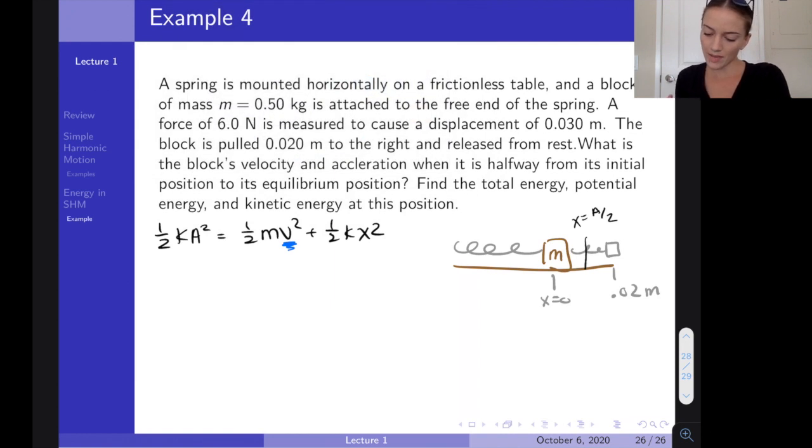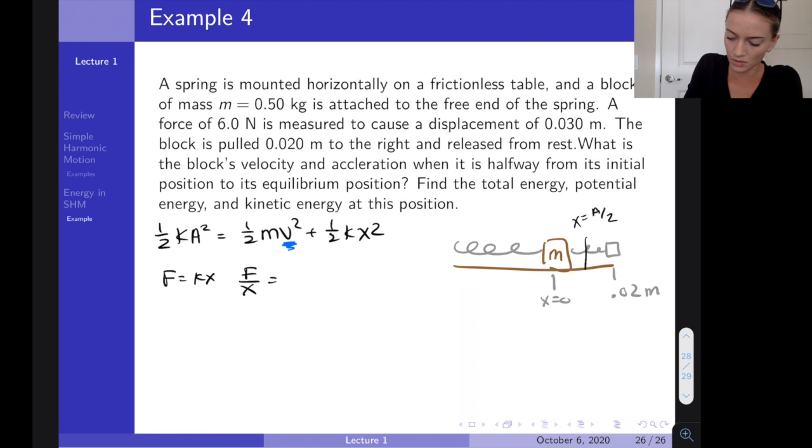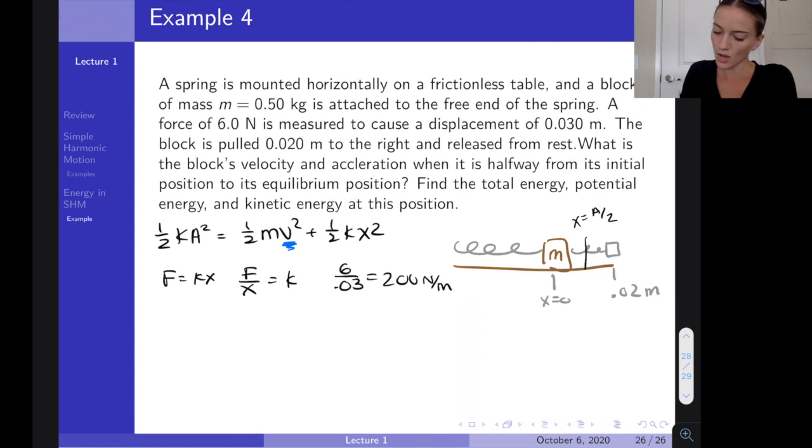We pretty much have everything here except k, but we found k in a previous slide. If you don't remember, we did F is equal to kx, and then F divided by x is equal to k, where F was 6 newtons divided by the 0.03 meters to stretch it, and we get 200 newtons per meter. Okay, so that was k.